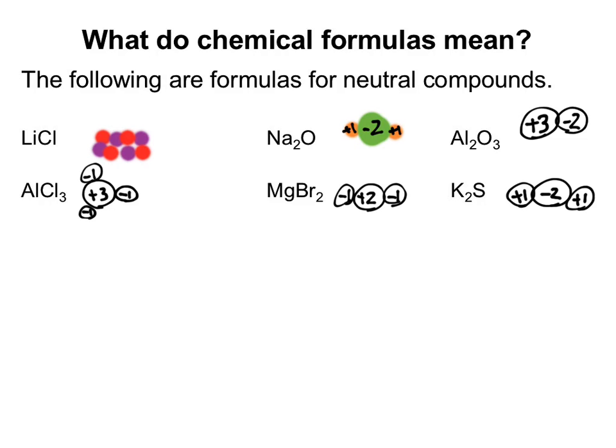Let's add more negatives. I can't just add one negative, though. So if I add another negative to this mix, now I've got -4 and +3. Still not right, right? So let's add a positive to that mix, +3. Now I've got +6 total and -4. So let's add another negative.